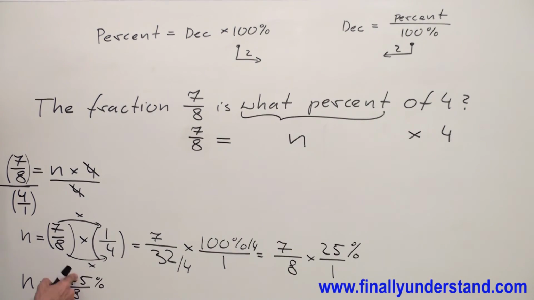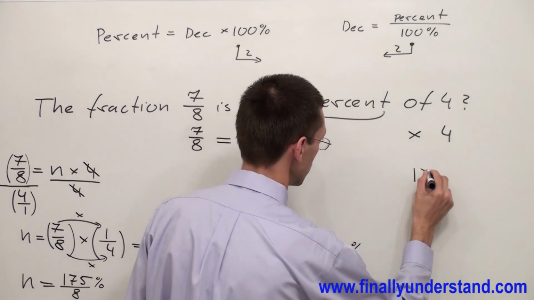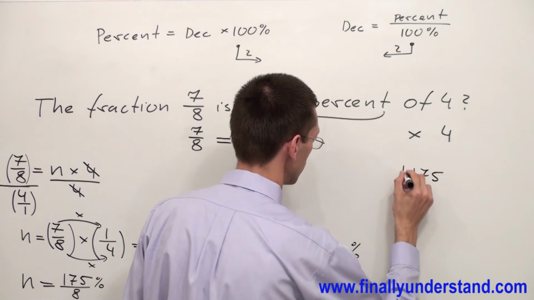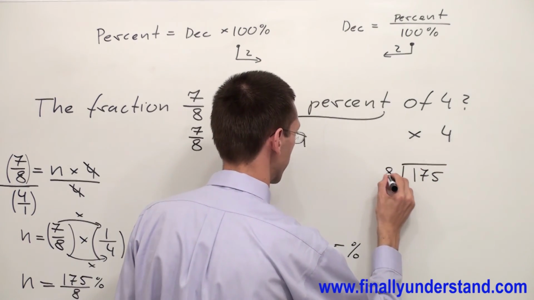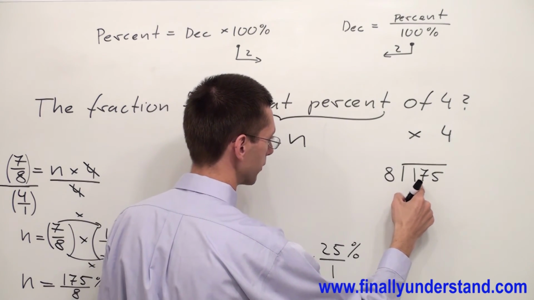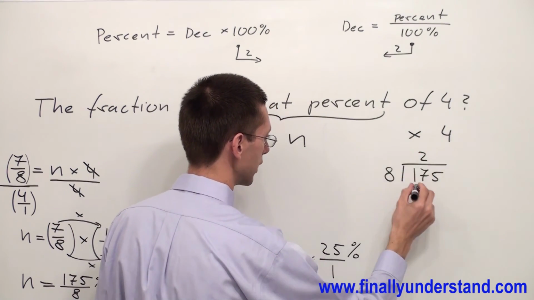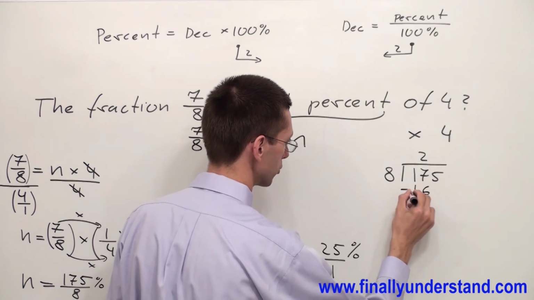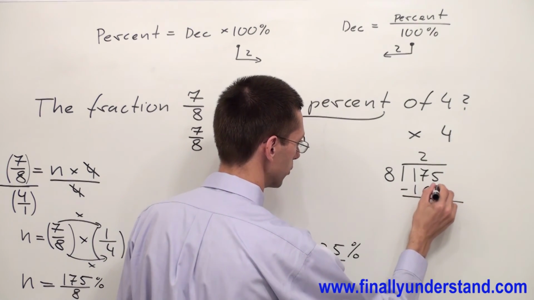I'm going to convert the improper fraction to a mixed number. 175, I have to divide by 8. How many times does 8 go into 17? Twice. 2 times 8 is 16. Subtract. I have 1. Bring down 5.